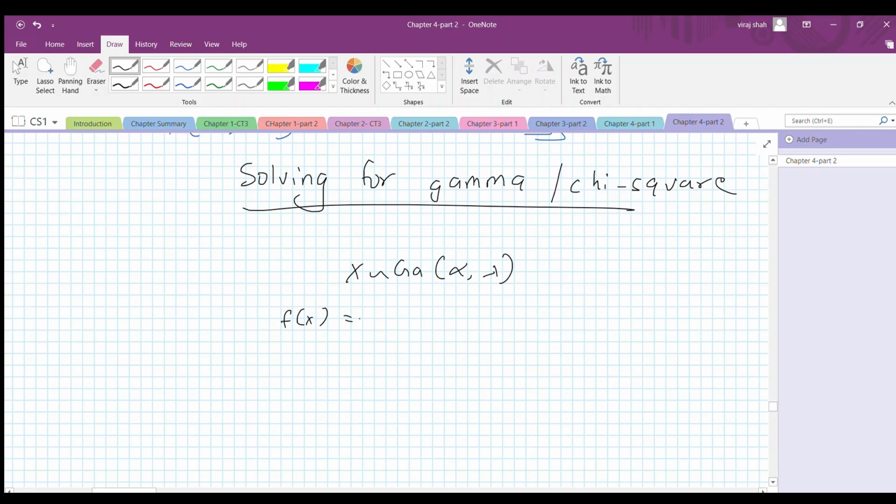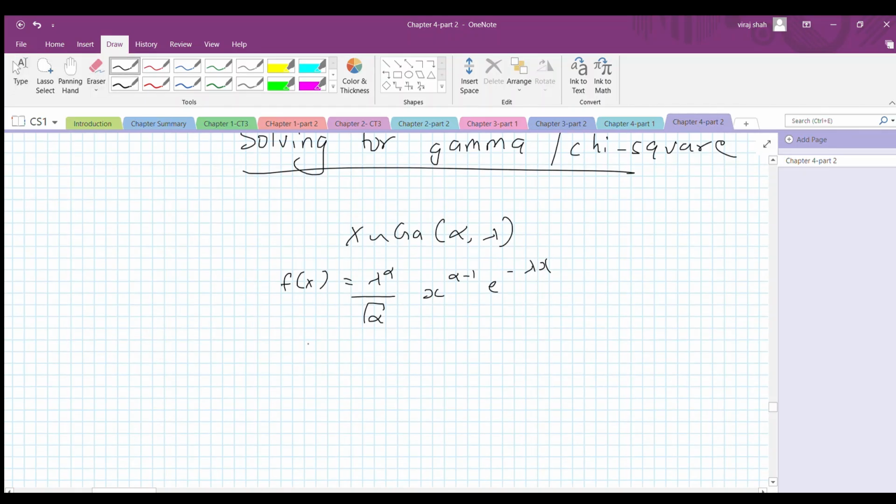It is nothing but lambda raised to alpha upon gamma of alpha, x raised to alpha minus 1, e raised to minus lambda x. But if you want the probabilities, then we won't be using the gamma distribution at all. How do we find the probabilities then? Basically, we convert gamma into chi square and then we make the interpretation.